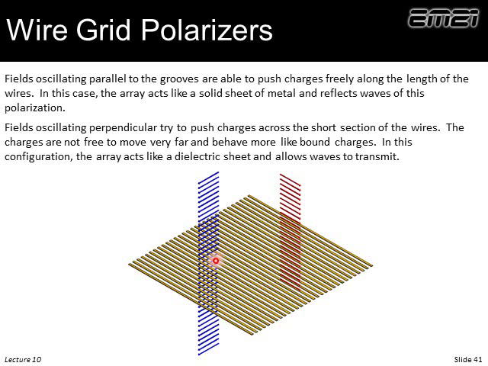And this acts much more like a dielectric than it does a metal. The charges are kind of bound. They're not free to travel across the surface. And in fact, this polarization is allowed to pass for that reason. This wire grid polarizer looks more like a dielectric than it does a metal to that polarization.